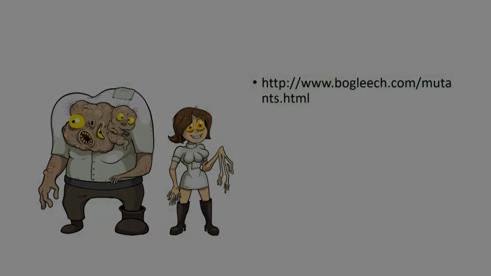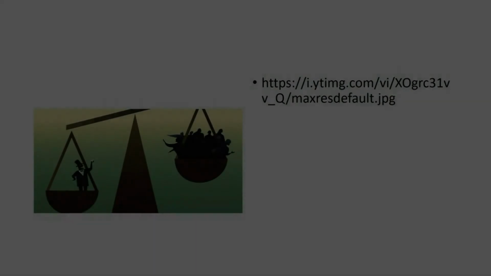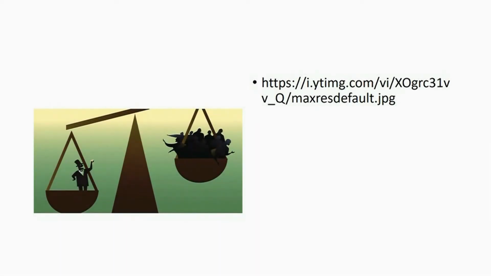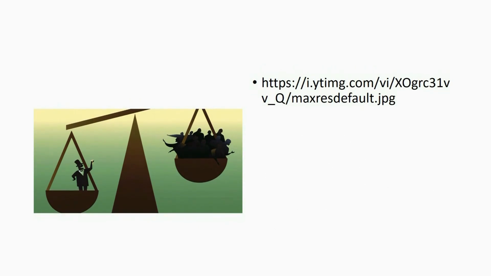While eradicating genetic diseases appears to be glamorous on paper, there is no predicting how the life of that particular genome will develop in the future. Another consideration is that genome editing is an extremely expensive technology that is most likely only affordable to those in rich countries, therefore placing them in an advantageous position when it comes to their children, furthering the distance between the high society and those in poverty.